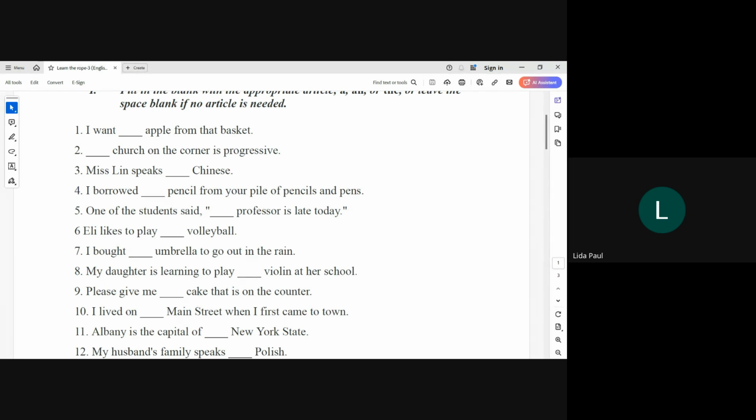Even in the absence of that phrase, from your pile of pencils and pens, if it was just I borrowed dash pencil, you could say "a". Okay. Fifth, one of the students said, dash professor is late today. The professor. We use "the" here.